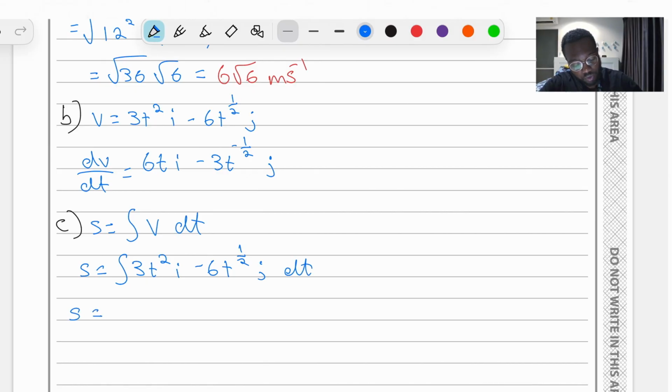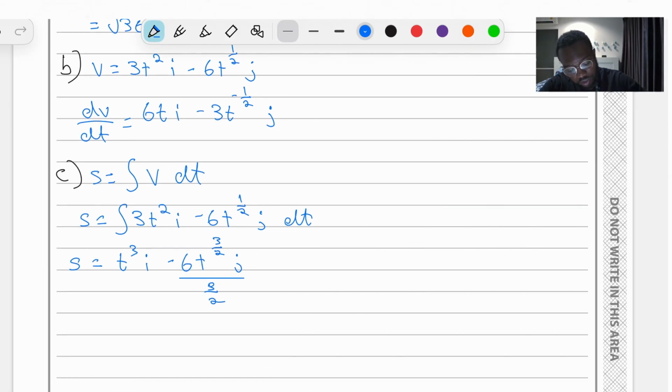If we integrate the other one, we get 6t to the 3 over 2, and then we divide by that 3 over 2. Which leaves us with t cubed i minus 4t to the power 3 over 2 j. And don't forget that we are integrating, so we're going to have a plus c.